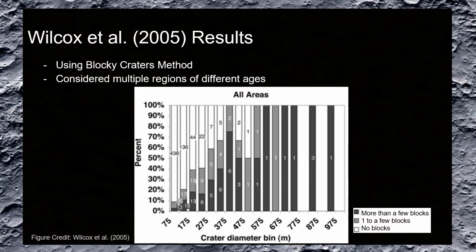And as you can see in the graph, the smallest diameter bin from 75 to 125 meters in diameter consists mostly of craters with no excavated blocks in the surrounding regolith. And as diameter increases, the percent of blocky craters also increases. All the craters with a diameter larger than 525 meters have at least one block in their surrounding regolith.